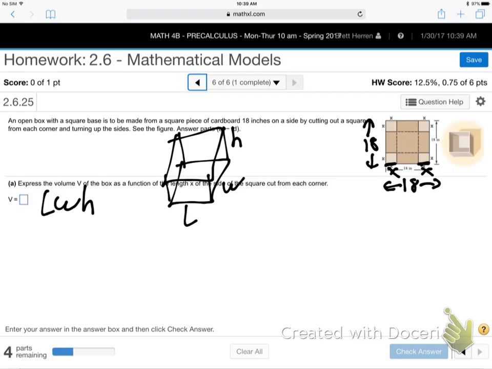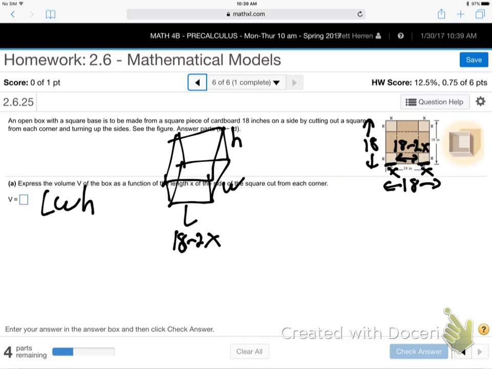So therefore, how far from here to here? 18 minus 2x. Everybody see that? Because these two corners are x. We're taking out x, taking out x. So it's full width, 18, take away the two x's. That's going to be the width or the length, or whatever you want to call it. That's going to be one of our dimensions, 18 minus 2x.